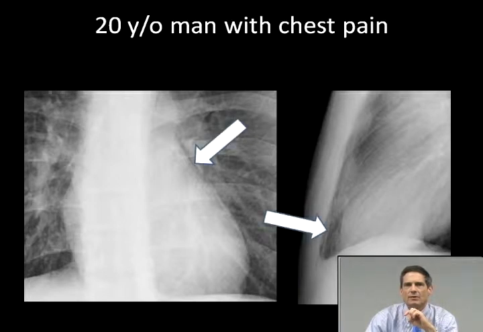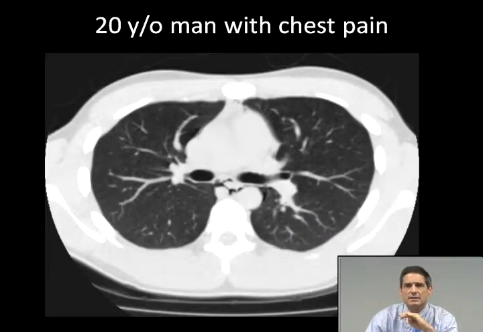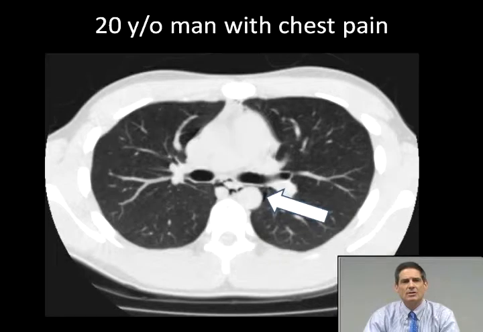The arrows point to small abnormal collections of air along the mediastinum here, and because of the suspicion of a pneumomediastinum, the patient was sent for CT. Now, a CT scan here, filmed with lung windows, shows a small amount of air right there along his aorta on slide 53.